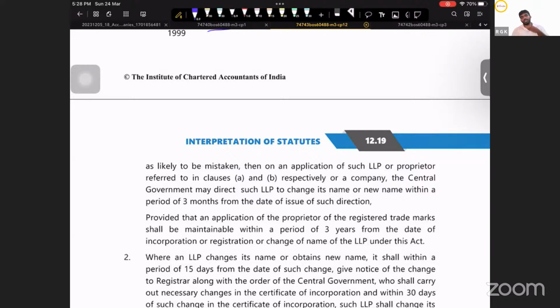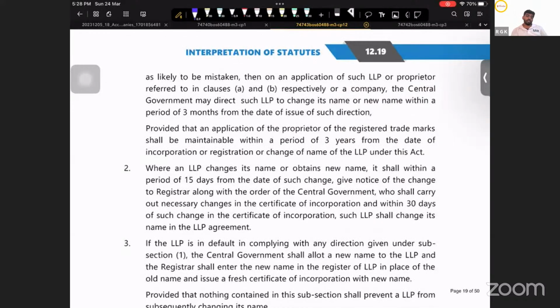So, in case of a company or in case of an LLP, there is no such limitation. But in case of a trademark application, if you feel that the LLP's name is matching with some trademark, the proprietor of the trademark is required to file an application within 3 years from the date of incorporation or registration or change of name of the LLP. The central government will issue an order.